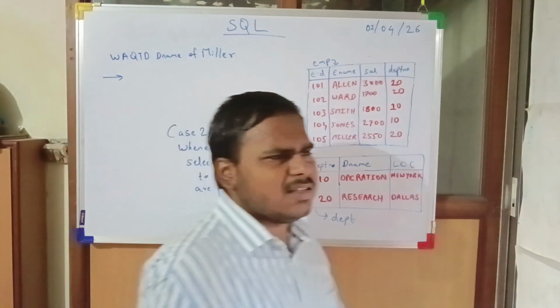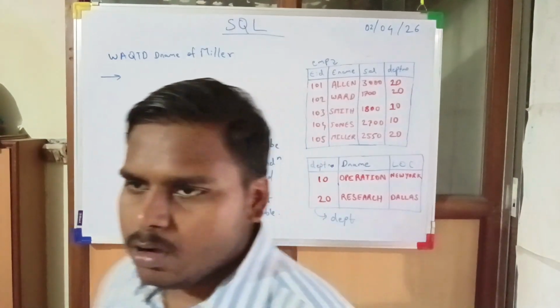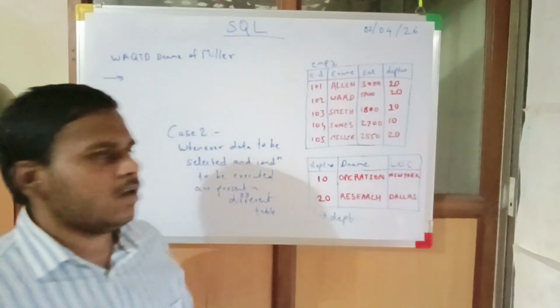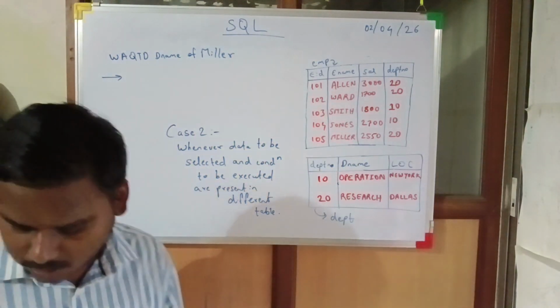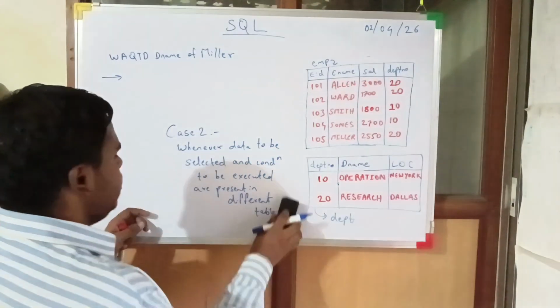See, in the simple ones, the unknown value which we need to find out, or when we need to jump from one table to another to get the output, for that also we need to use the concept of subquery.